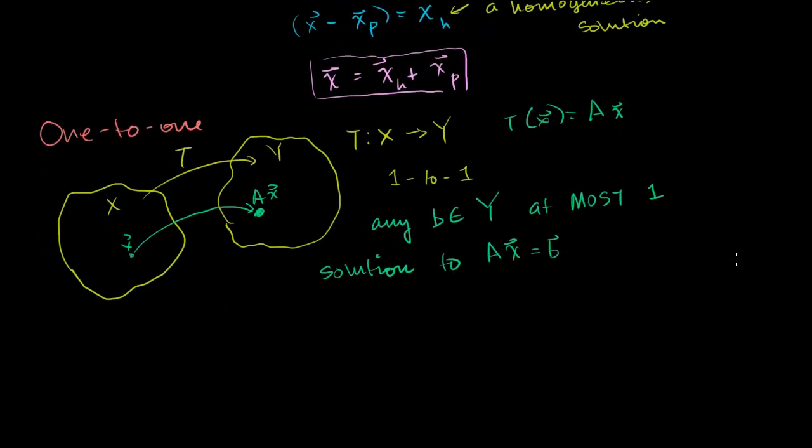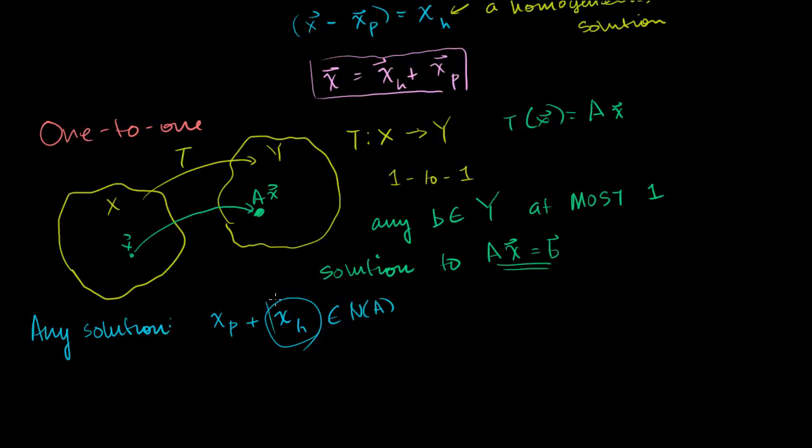Now, we just said that any solution, if there is a solution, takes the form x particular plus a member of your null space, where this guy right here is a member of the null space.